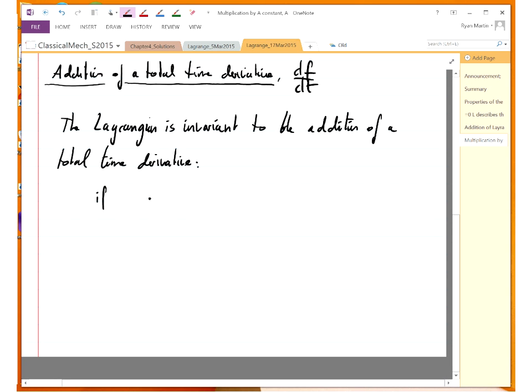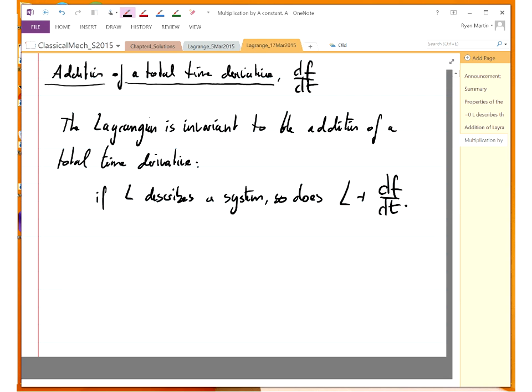What I mean is, if L describes a system, so does L plus df by dt. I really don't have to say anything about F. I just have to say it's a total time derivative.